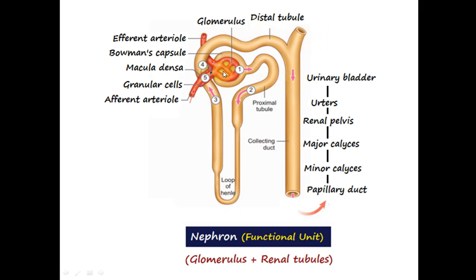So the blood filtered in the glomerulus passes through the proximal convoluted tubule, then through the loop of Henle into the distal convoluted tubules, and finally into the collecting ducts. From here, at the apex of each pyramid, the collecting ducts get together to form the papillary duct, which drains into the minor calyces, then into the major calyces, renal pelvis, and then finally the urine is carried by the ureters into the urinary bladder.